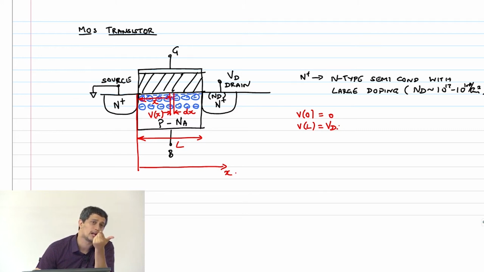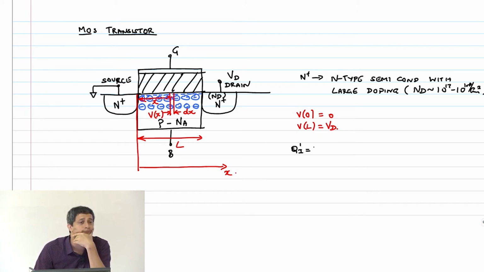VG minus VT, that can cause an inversion there. So therefore, the net charge that is going to be available, Qi prime, will be what? What did we say earlier? It is minus Cox prime into Vg minus Vt minus V.